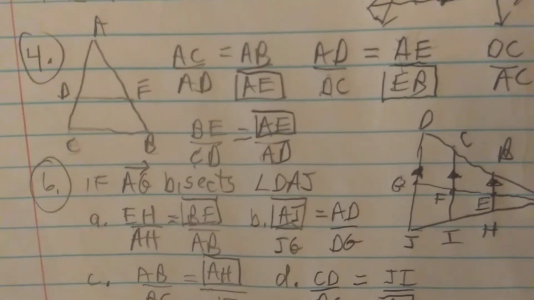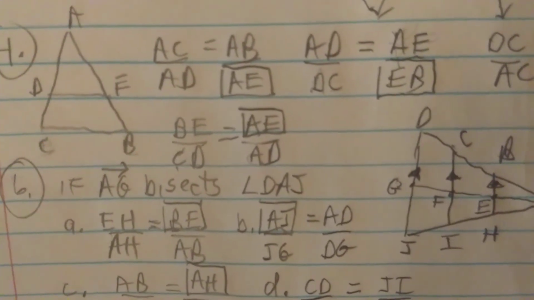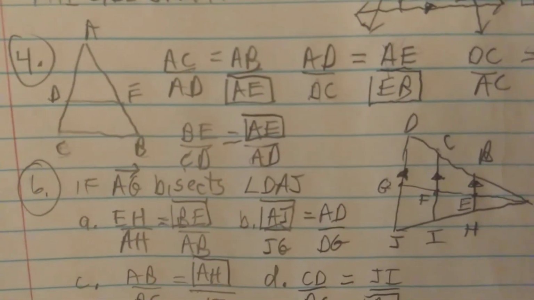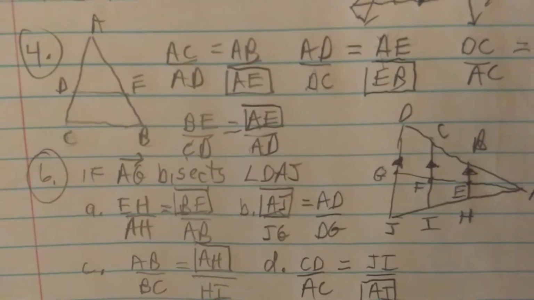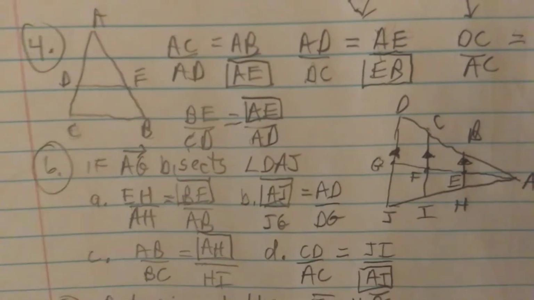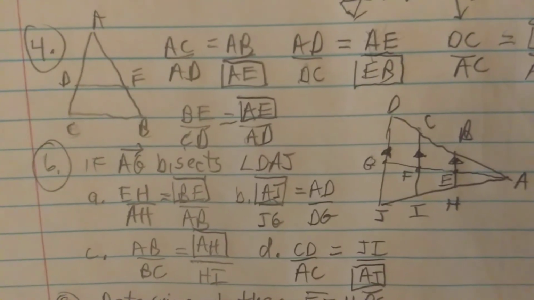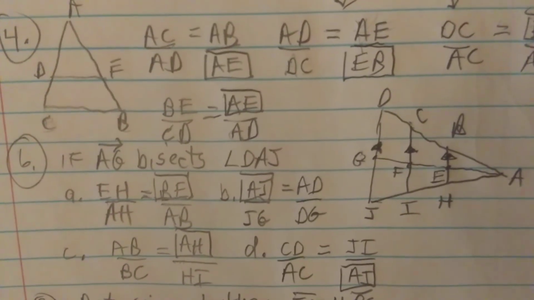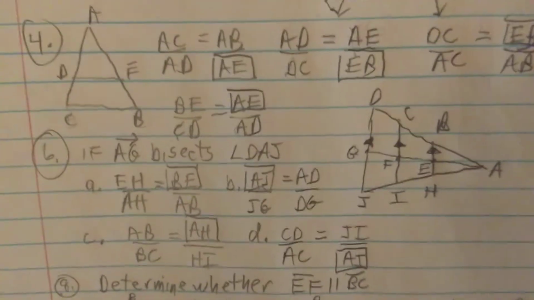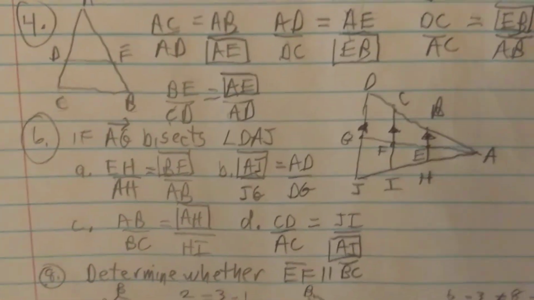And of course, BE over CD, the bottom part on the left to the bottom part on the right, is equal to AE over AD, the top part on the right over the top part on the left. Okay? So those all make sense from what we've seen.